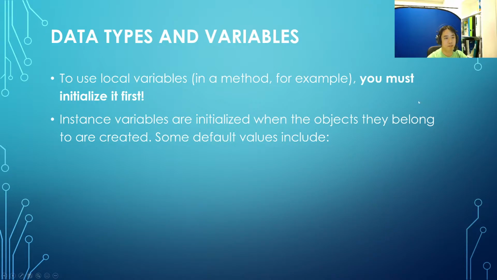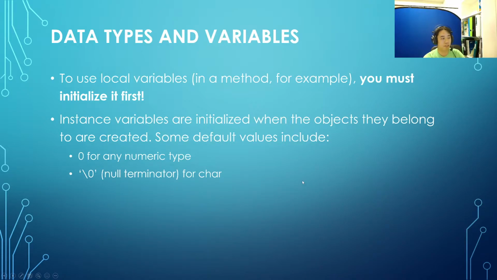If you define those variables in a class, this includes 0 for any numeric type, so floats, integers, anything. The null terminator, I'm sure you've seen these at the end of strings in C. We're using this same character as a default character value if we do not assign it anything.